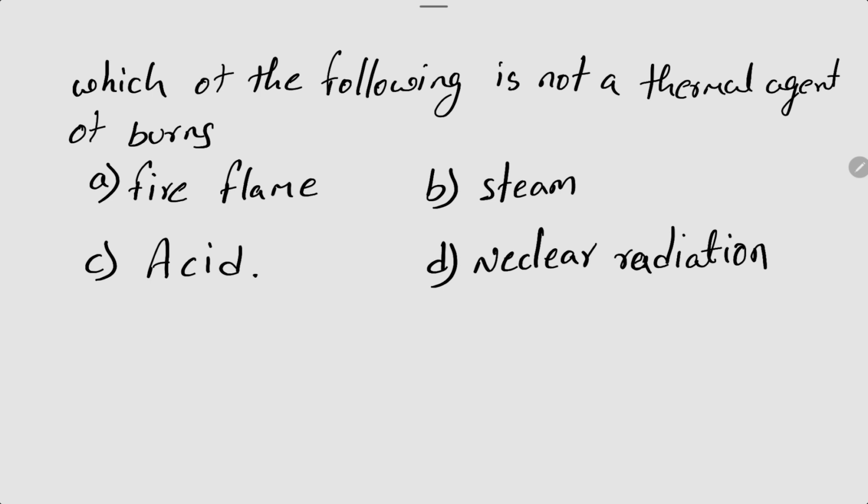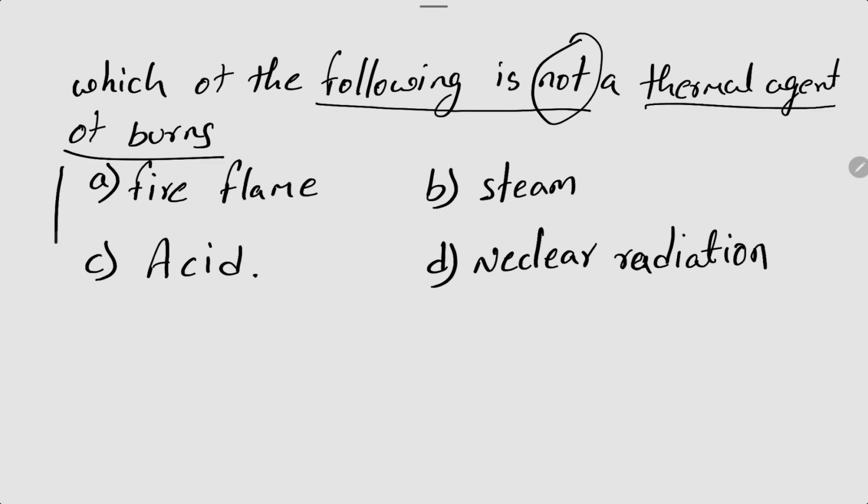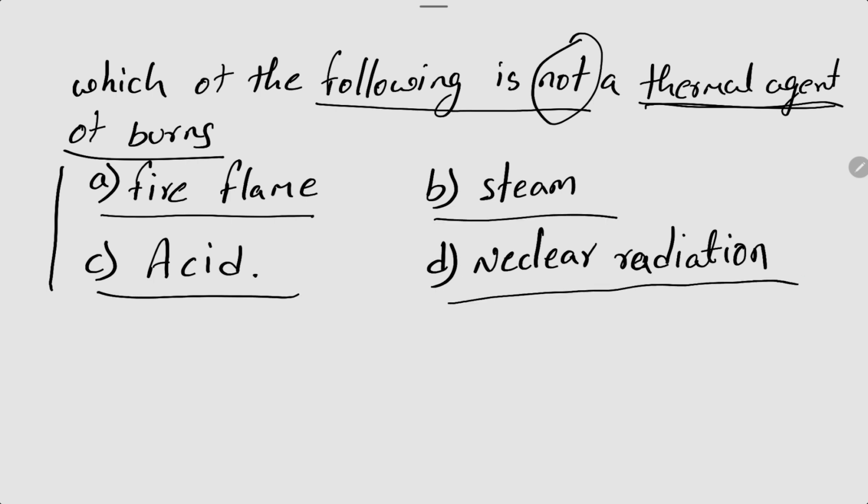The next question is, which of the following is not a thermal agent burn? These are the four types of burns. Which one is not caused by a thermal agent? Options are fire flame, steam, acid, nuclear radiation.